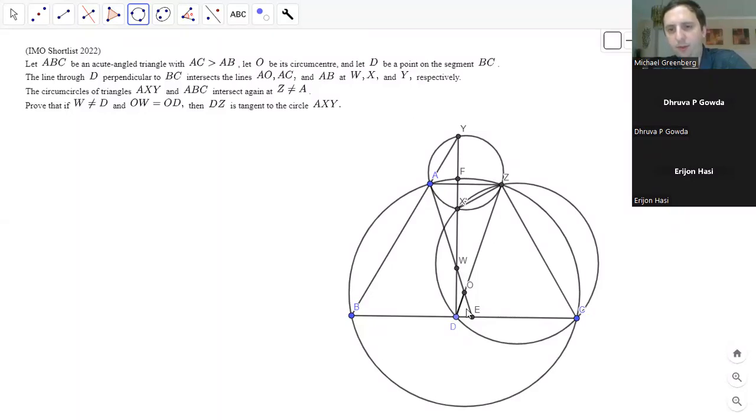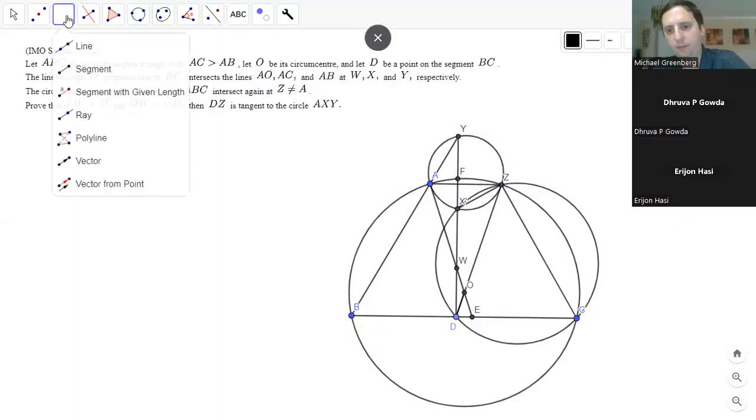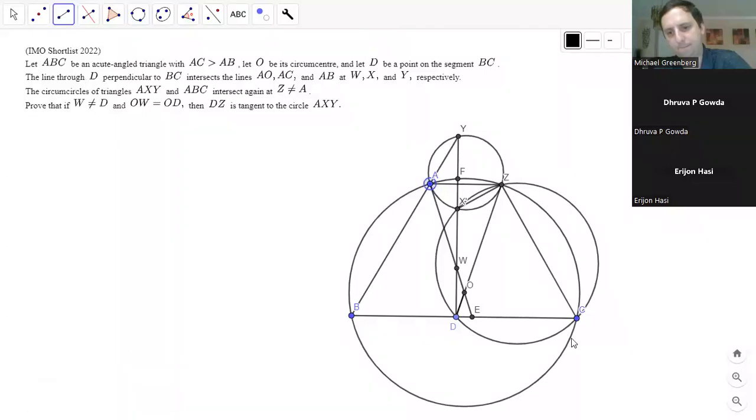And maybe we can use the isogonal line lemma, because that would be the same as saying that ZB and, let's see. Interesting. So ZX and ZB are like isogonal.